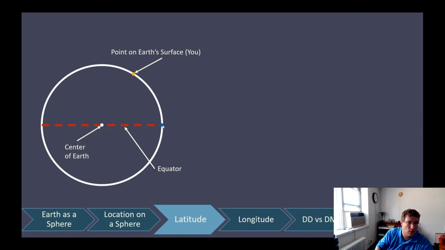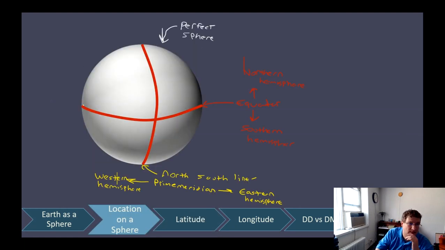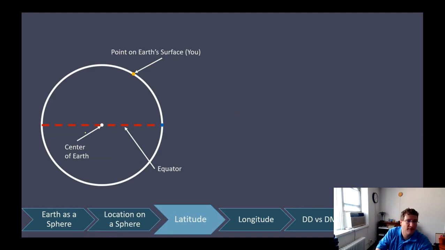We now have the equator represented as a straight horizontal line cutting the circle into two pieces, south and north. Let's imagine, for the sake of argument, that you are standing somewhere on Earth on this circle. This point right here will represent you.